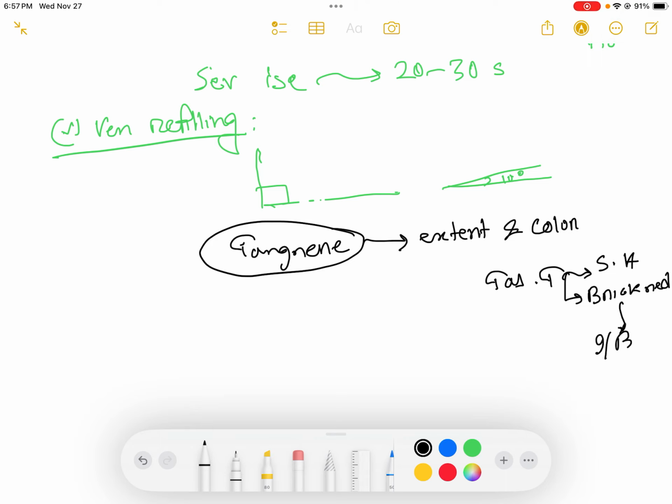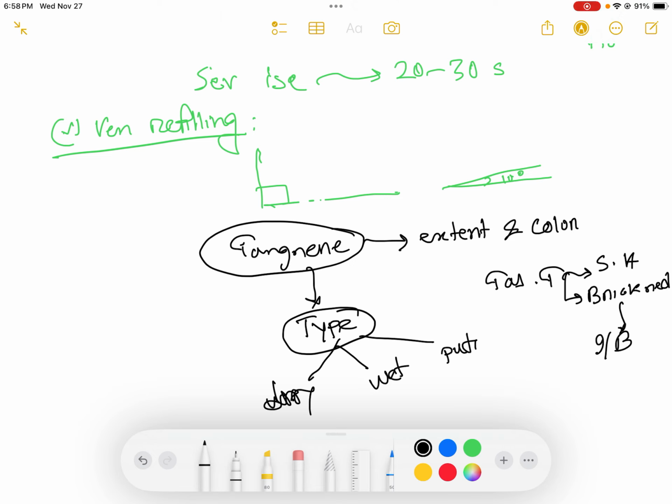Type of the gangrene should be noted, whether dry, where the parts become mummified, or wet and putrefying as seen in the diabetic gangrene.